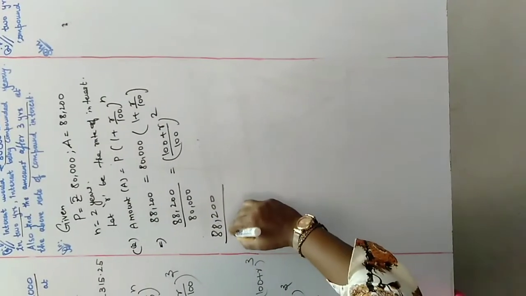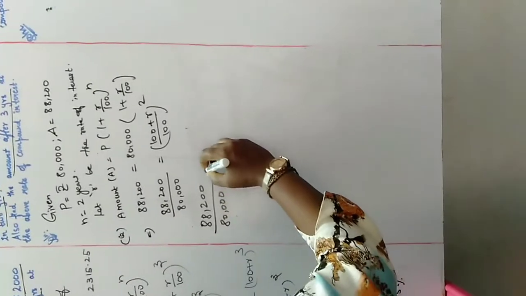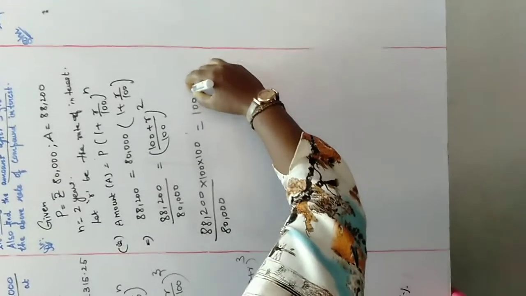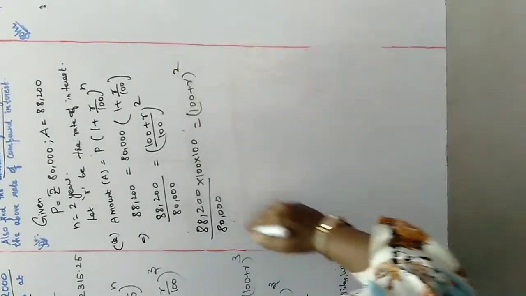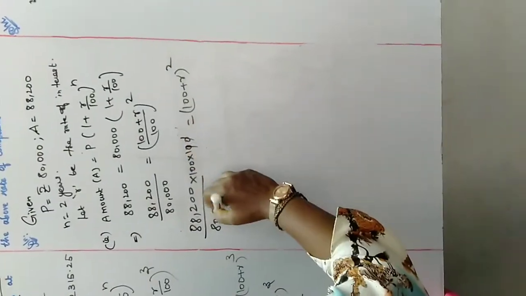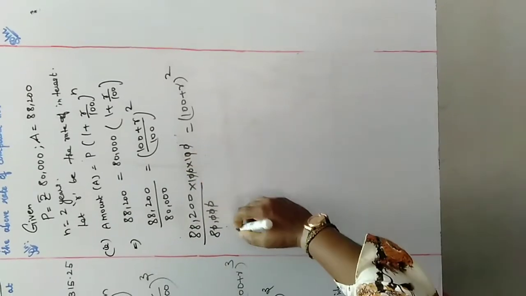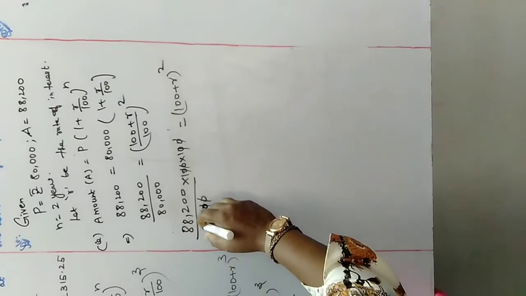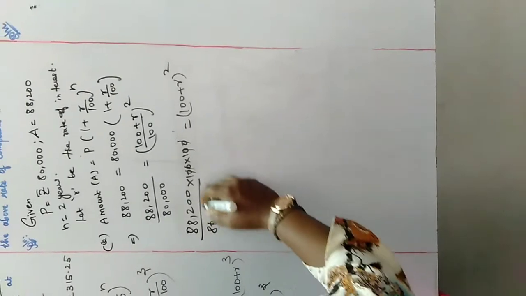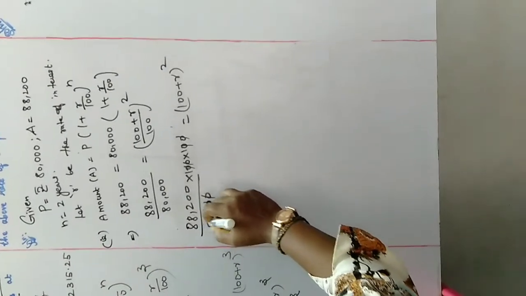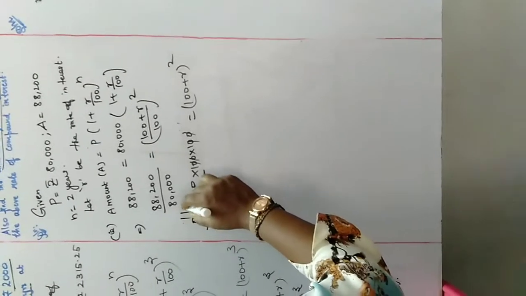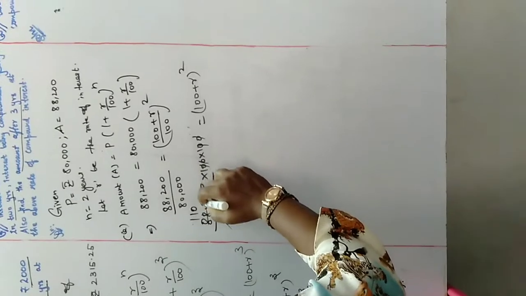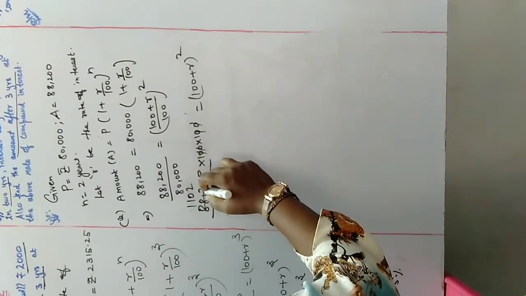88,200 by 80,000 into 100 into 100 equals (100 plus R) the whole power 2. So 1, 2, 3, 4. Okay. 8 table one time, 1, 1, 0. Here at a time we are taking 2 numbers from 8 to 16.